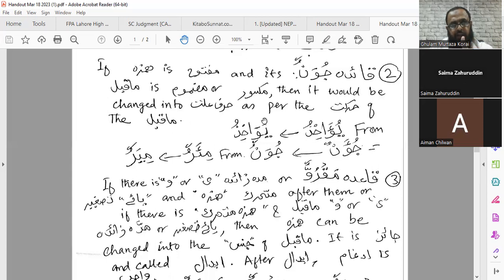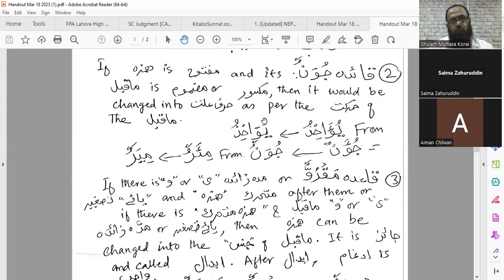Any Alif that is Mujarrad, that does not take any kind of Harakat or Jazm, that is Alif. So when we talk about Hamza, either it is Mutaharrik or Majzoom. So Qaida Juwanun, this is the second one.